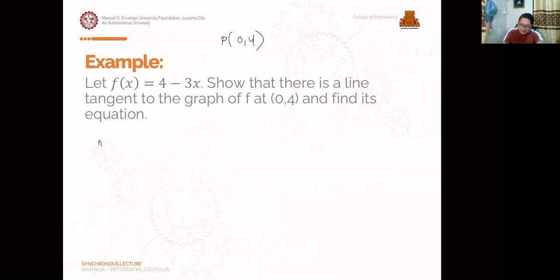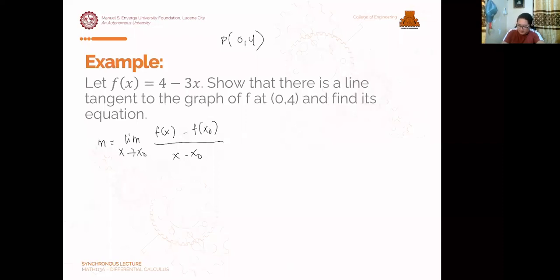So, kunin na agad natin si slope. That is the limit of f of x minus f of x sub 0 over x minus x sub 0 as x approaches x sub 0.